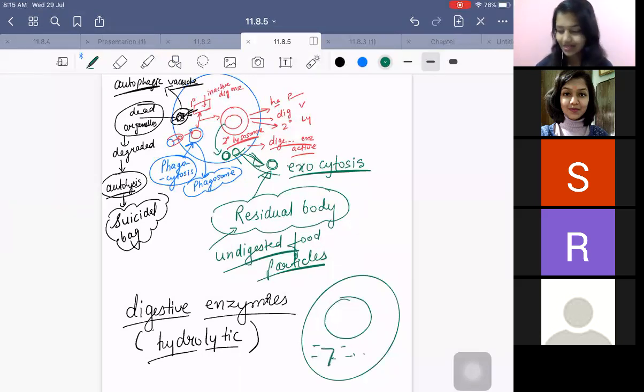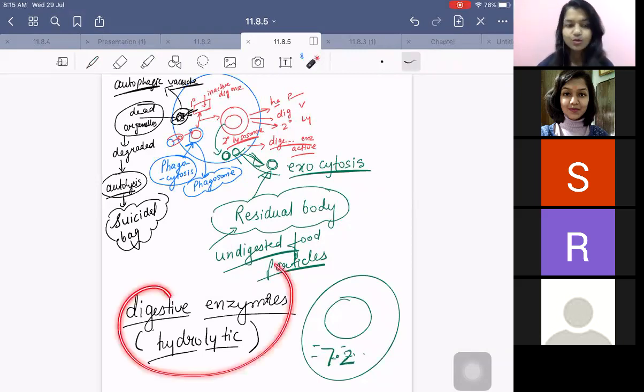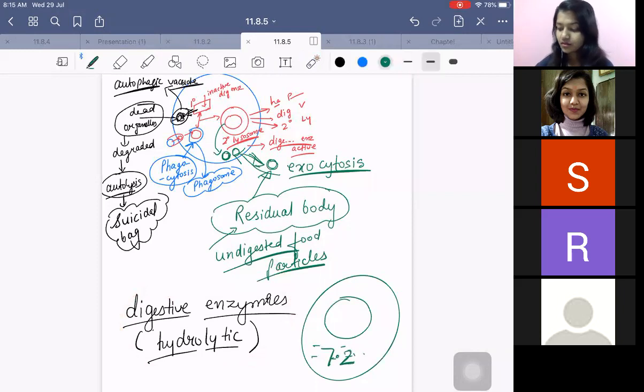Slightly basic. Awesome. 7.2. Slightly basic. And lysosome, with digestive enzymes, breakdown, autolytic, so lysosome pH will be acidic. It will be somewhere around 5.